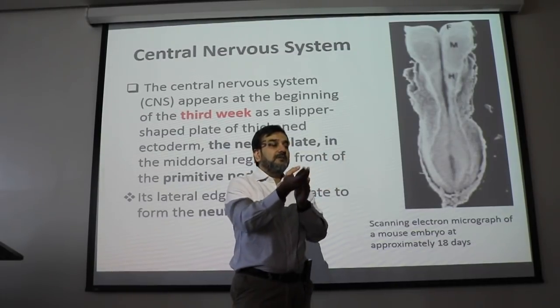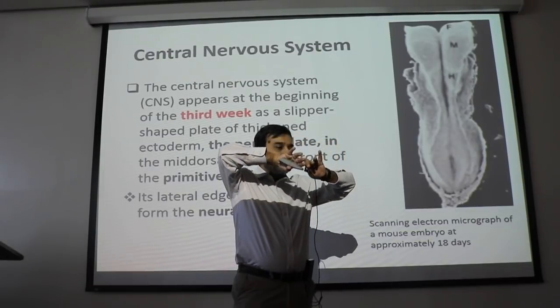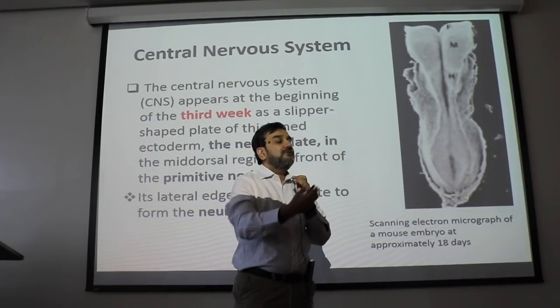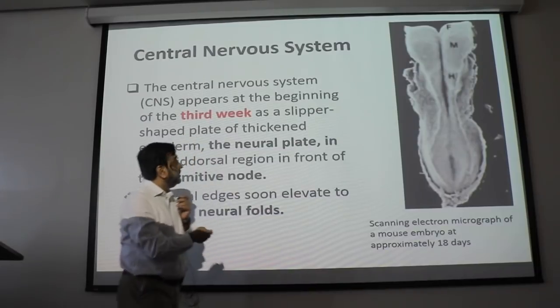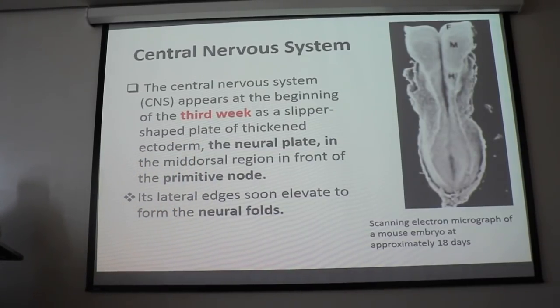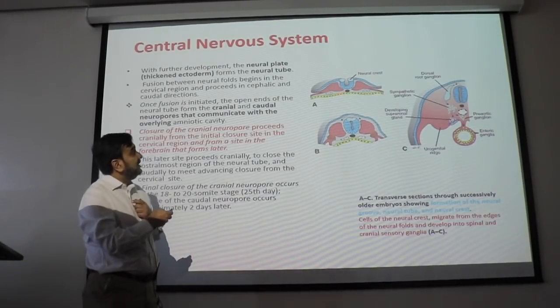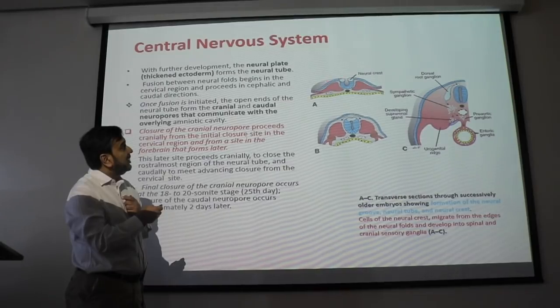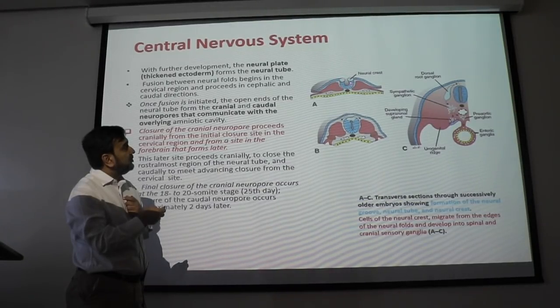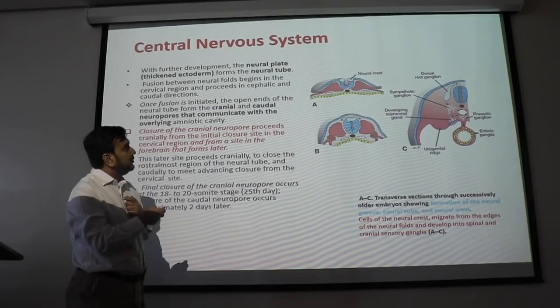So over the top of the notochord, the surface ectoderm starts to infold, giving rise to the neural folds. And this is around the 3rd week of development. You can see it much better here. This is the notochord, and you can see the surface ectoderm starts to fold, giving rise to the neural folds.